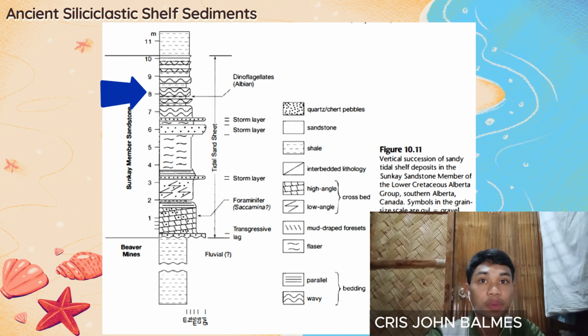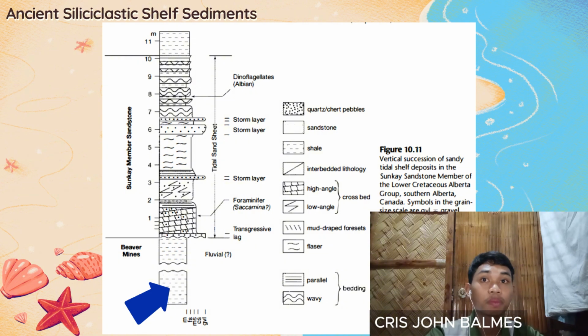Tidal interpretation is based in part on the presence of the following: cross-stratification, where it should be greater than 20 degrees deep and sets 30 to 40 centimeters thick. And we can see that here in our layers 1 to 3. It should also have the presence of thin shale drapes adhering to foreset surfaces, and in the lower part of the section, that is our layer 11 here and this base here.